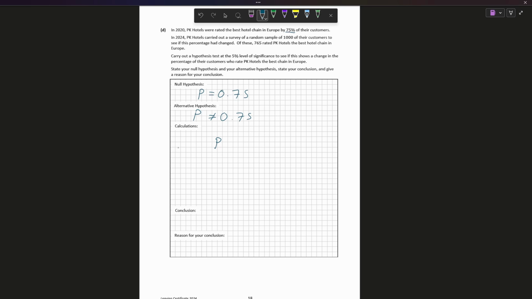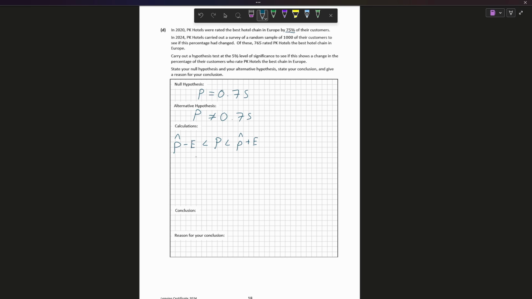So whatever the hotel gets from their sample, which we say is P hat, we're just going to add that error on. So P hat minus the error is less than P, and then the same thing again, plus the error. So now we've formed a margin of error on our question here.